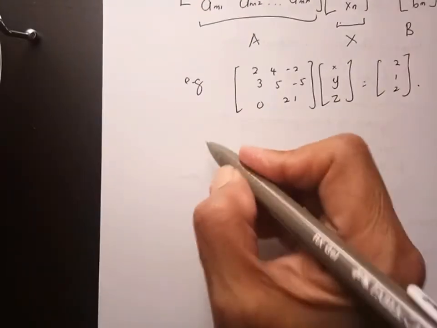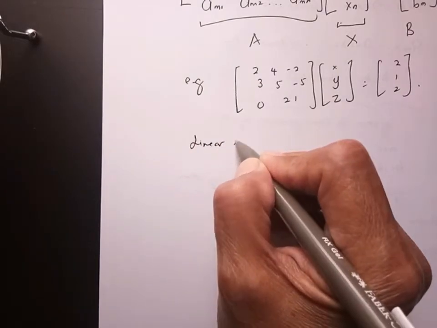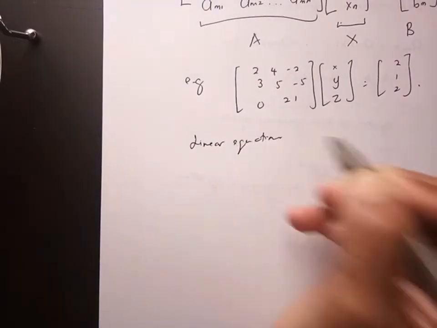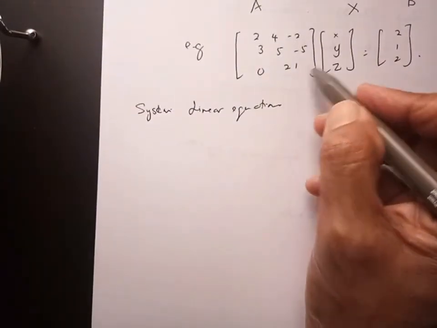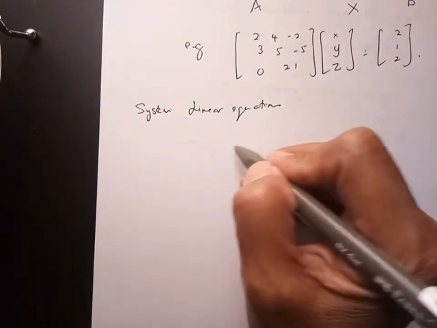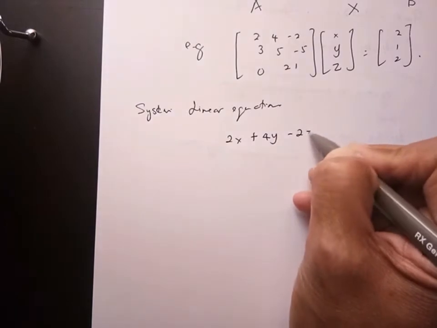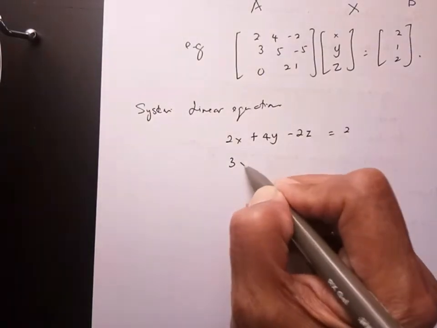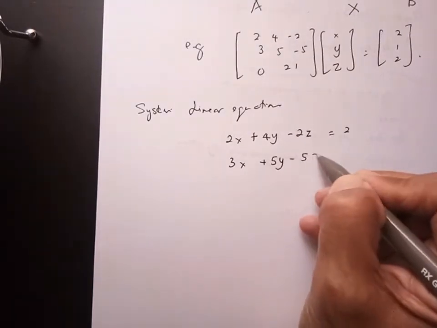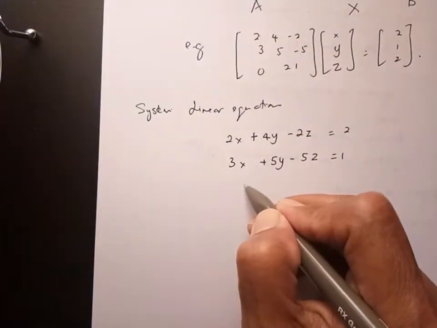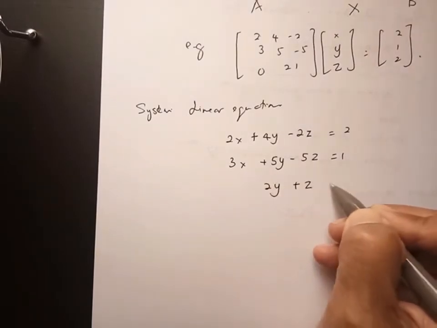So in the system of linear equations, we can write it as 2x plus 4y minus 2z equal to 2, 3x plus 5y minus 5z equal to 1, and 0 times x plus 2y plus z equal to 2.